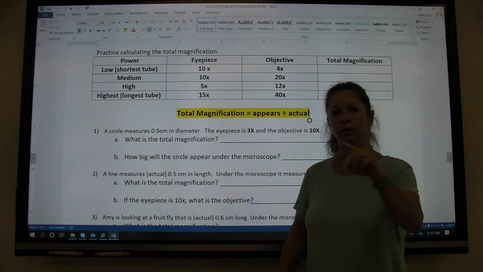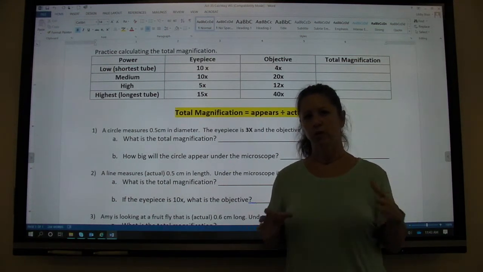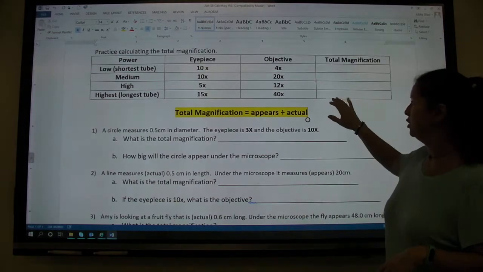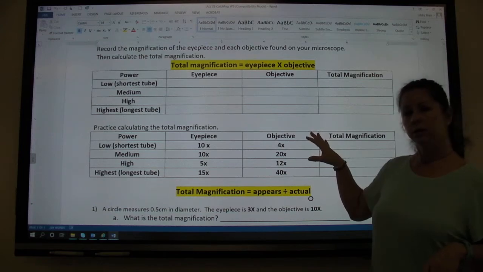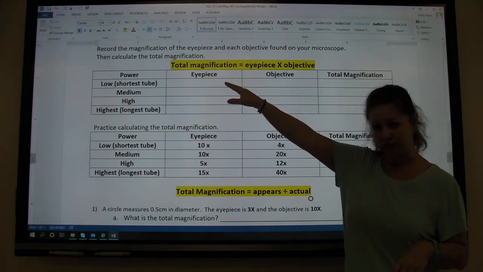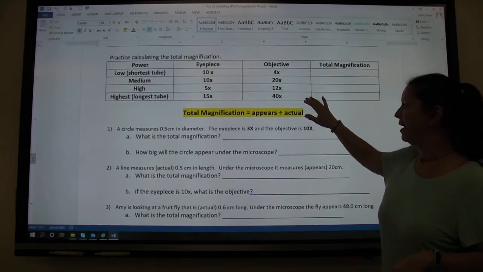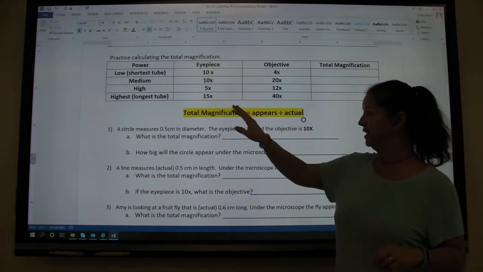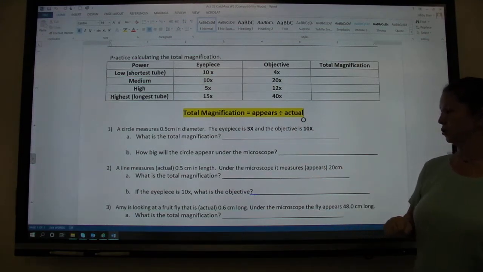And you will always have enough information to find total magnification, whether you have your eyepiece and your objective, and you can find total magnification that way, or if you have how big the thing is and how big it's going to look for appears and actual.